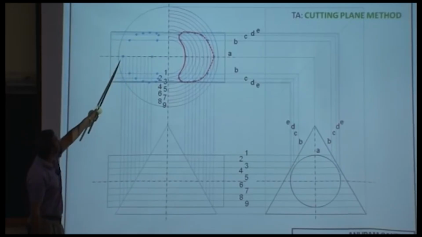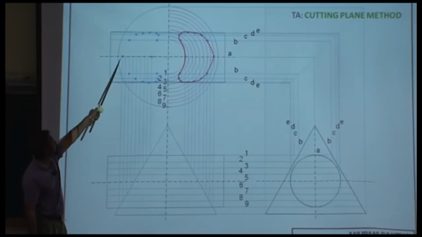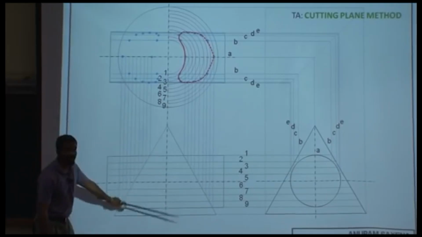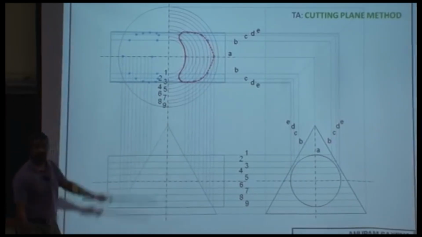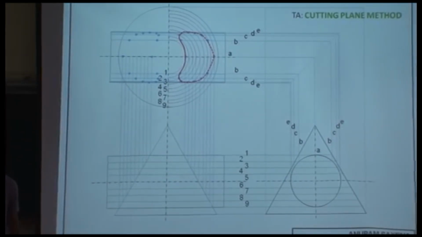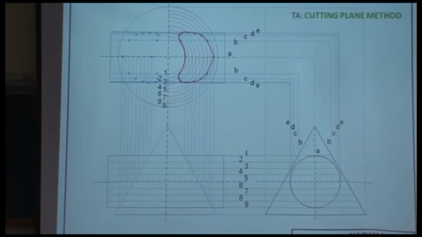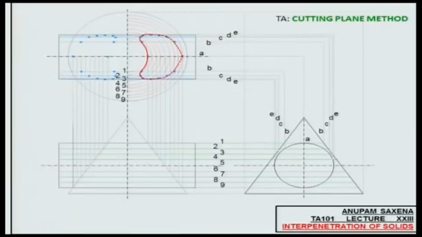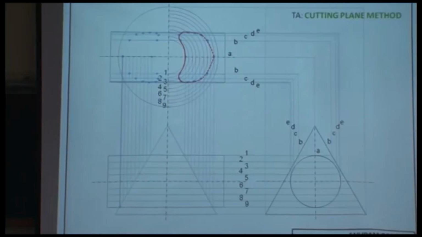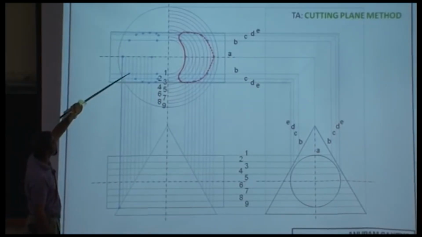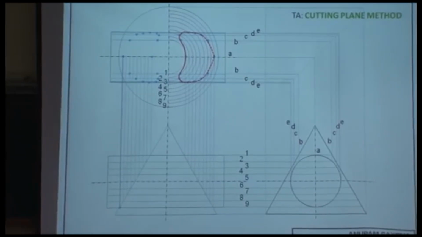Where would you want to drop this? To which plane? So here you have plane information here. Which plane? Plane number what? Plane number 9. These two guys here, which plane?